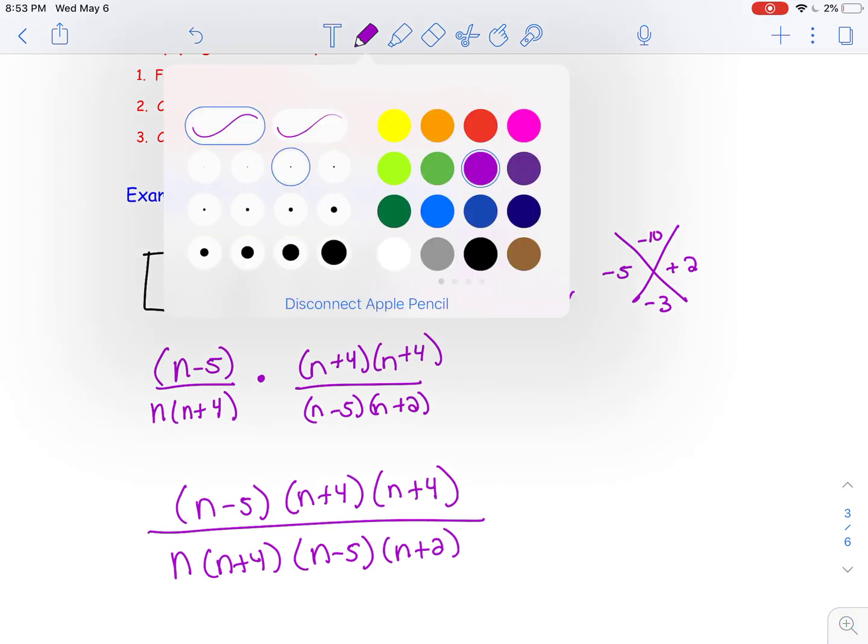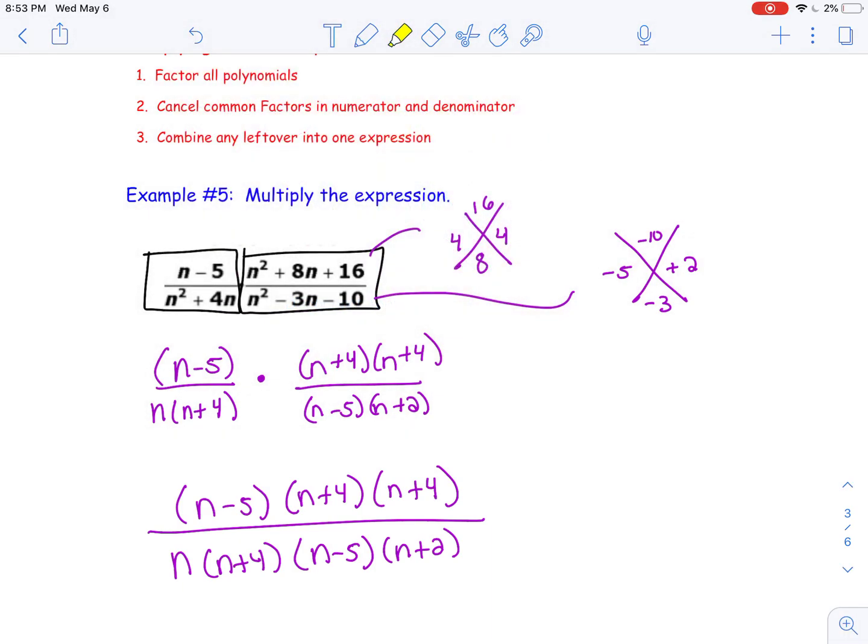So we need to look at what we can cancel. I have an n plus 4 on the bottom and the top, so I can cancel that. I have an n minus 5, top and bottom, so I can cancel that. So I go ahead and cancel those.